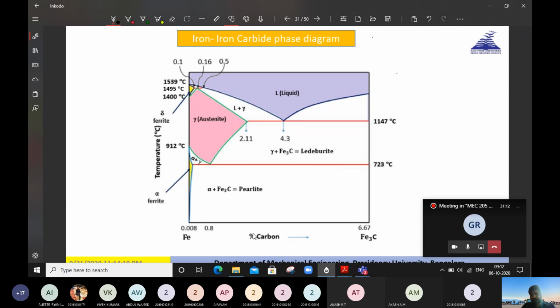This is the maximum carbon that we are going to study in this phase diagram, and at this point iron forms the compound known as Fe3C. That's why, rather than writing iron carbon phase diagram, we have written iron carbide phase diagram. Okay, is it clear?